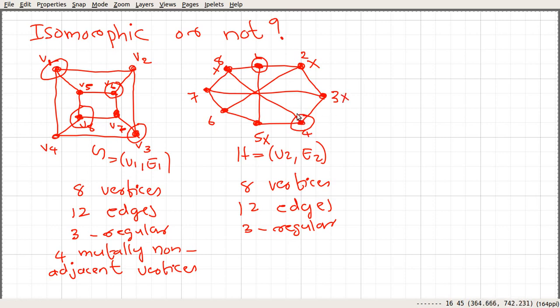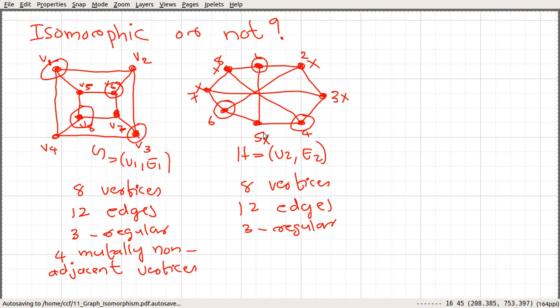We are left with these two vertices, 7 and 6. Let's take 6, for example. If we take 6, then we are not allowed to take 7, 2 or 5.